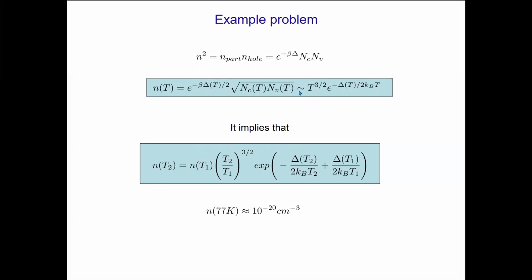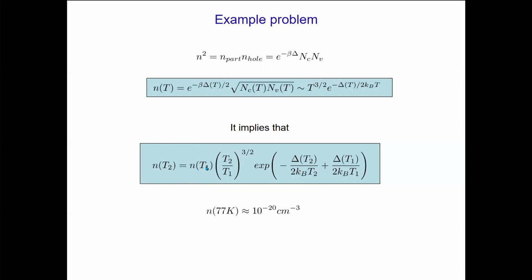There will be some constant which will cancel out. As a result, we can express the concentration at one temperature in terms of the concentration at a different temperature by simply writing this equation for two temperatures and dividing them by each other. Once we know the concentration at one temperature, we can calculate the concentration at another temperature.